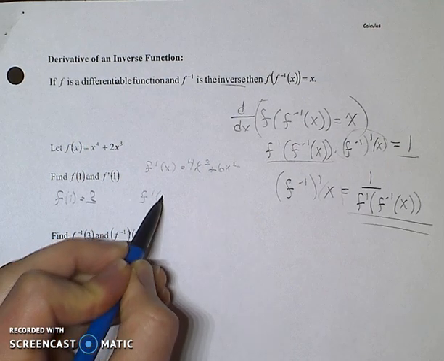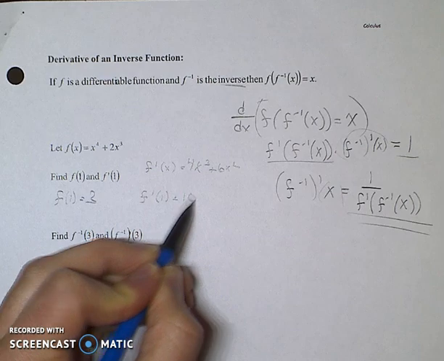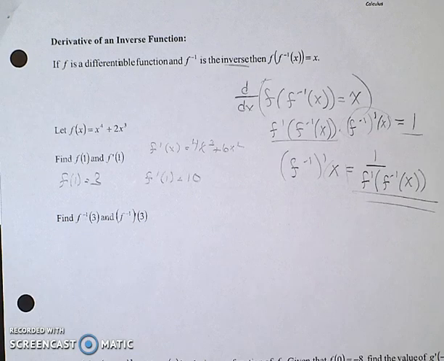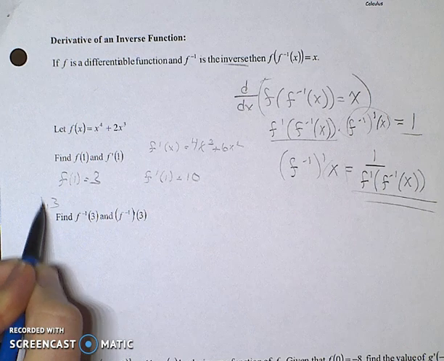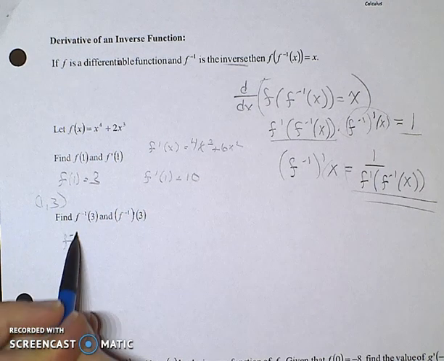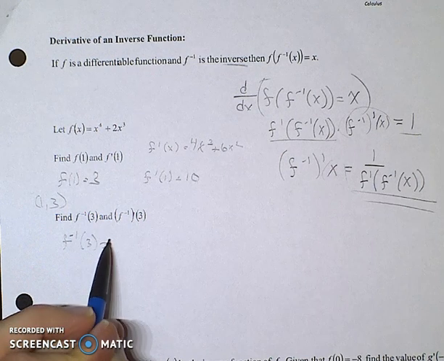So f prime of 1 equals 4 plus 6, which is 10. So now the goal is to remember that the inverse is reflected over the line y equals x, and so x and y are switched. So if we have the point 1 comma 3, and we switch that to be 3 comma 1, we know that f inverse of 3 is 1.